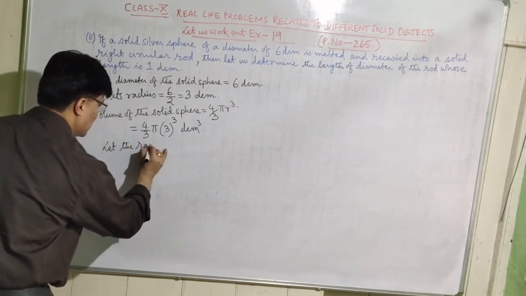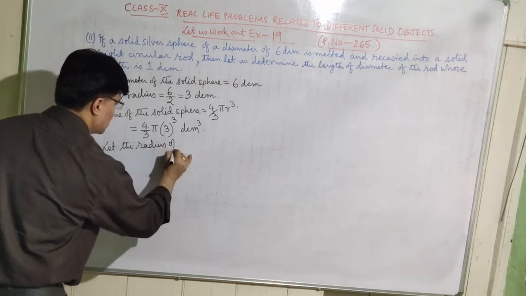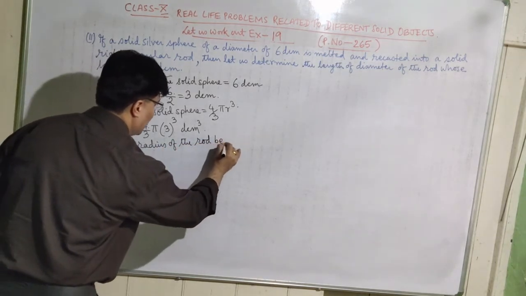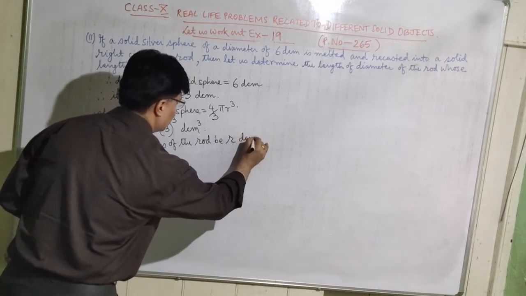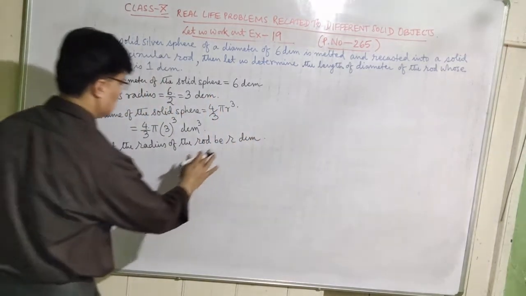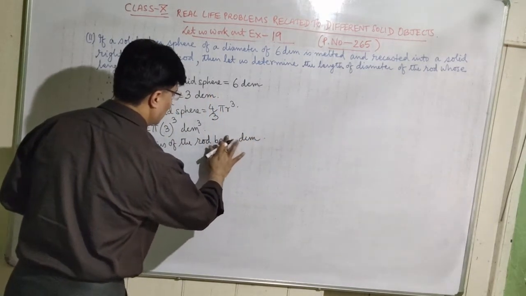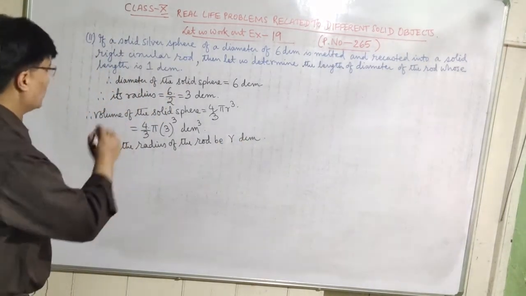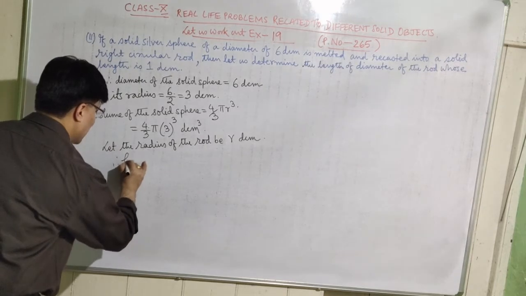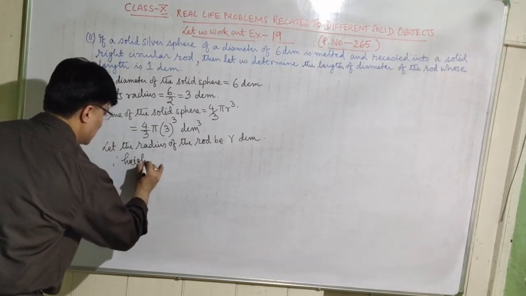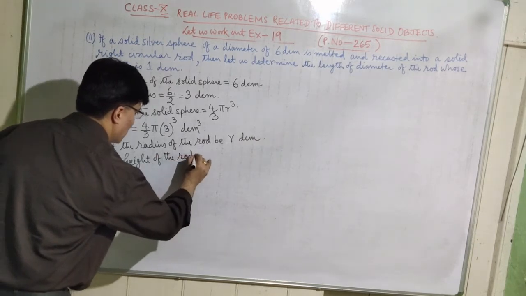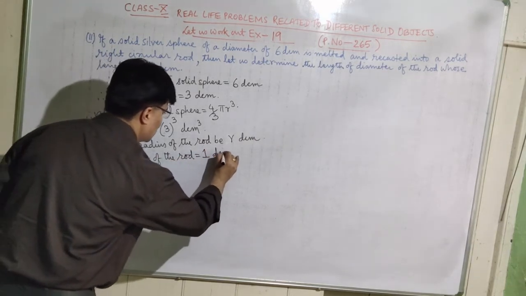Let the radius of the rod be r decimeter. What is the length or height of the rod? Height of the rod is equal to 1 decimeter.